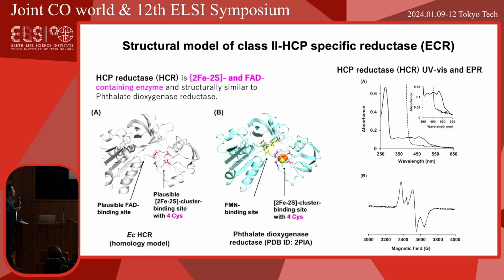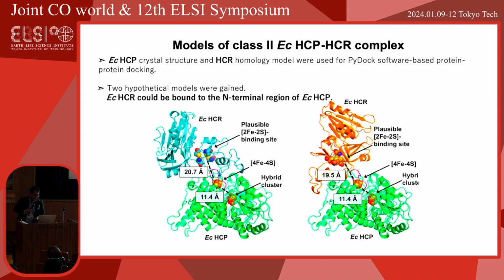This means the electron transfer system of HCR can utilize an organic radical, which can be interpreted as an FADH radical. So the reaction between HCR and HCP using electron power is like electron bifurcation, but it's not exactly.